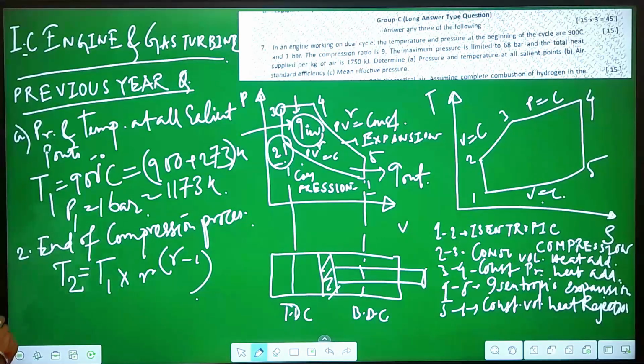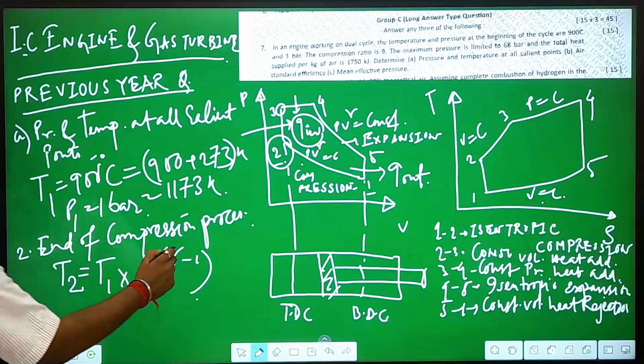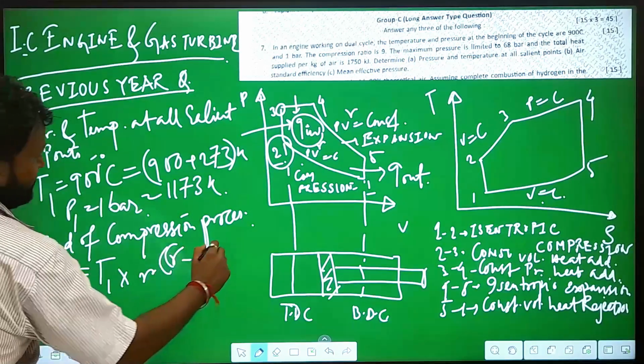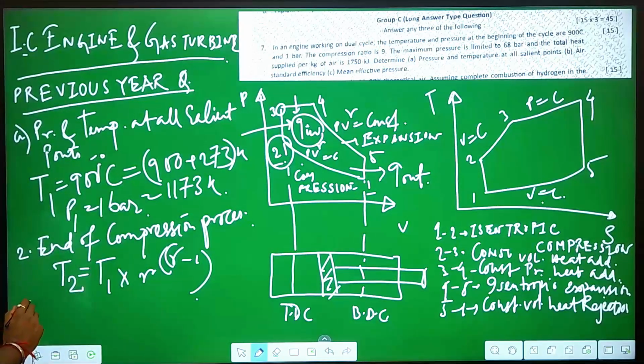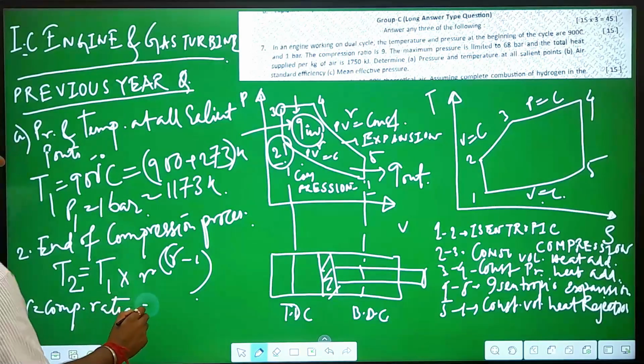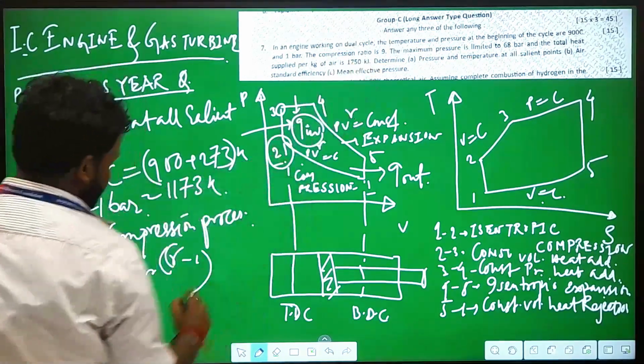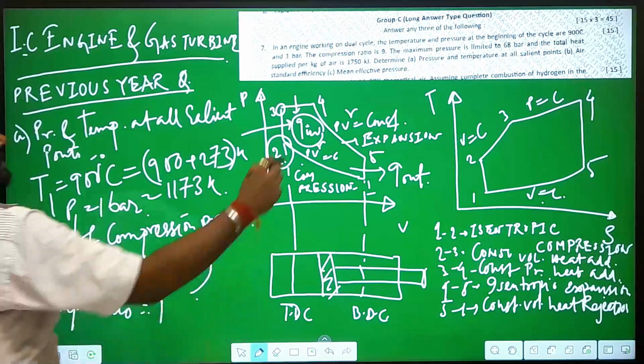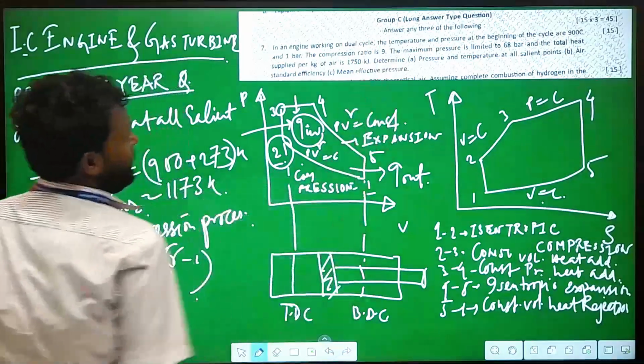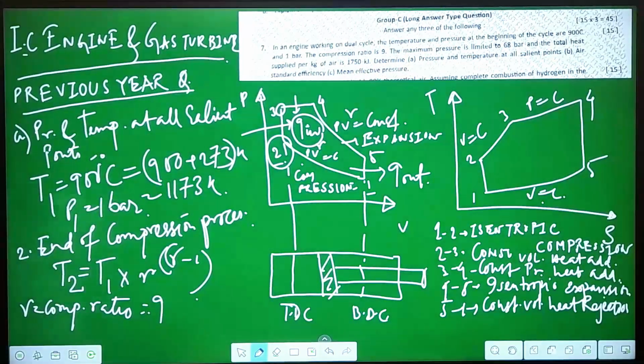Here r is the compression ratio, which is given in the data as 9.